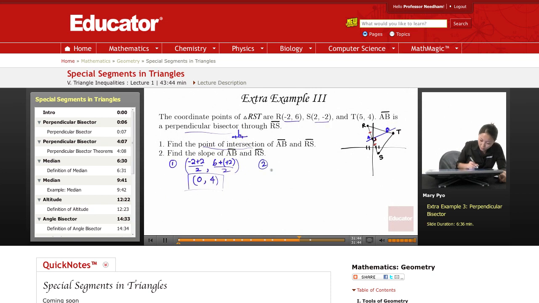Then number 2, find the slope of AB and RS. I have points R and S, so I want to find the slope, it's y2 minus y1 over x2 minus x1. This is slope. Using the same points, if I label this x1, y1, I can label this as x2, y2.